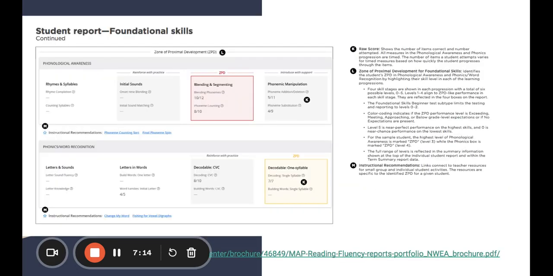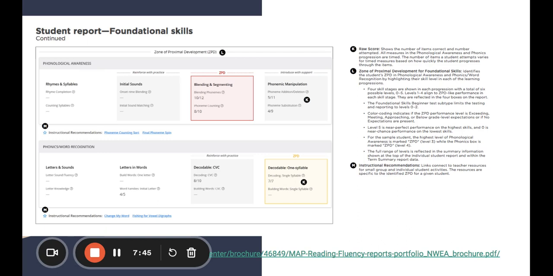If you wanted to dig deeper and get more on an individual basis, you can also pull up a student report for individual students, and that's also going to showcase and highlight ZPD for the different measures within the assessment. So as you can see, blending and segmenting is the ZPD goal for phonological awareness for this student, and within phonics and word recognition, the ZPD is decodable one-syllable words.